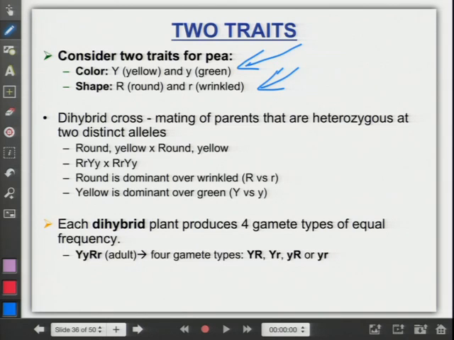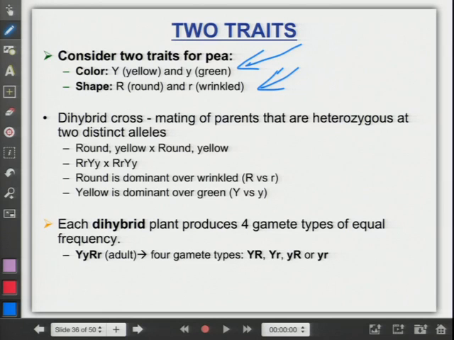Color and shape are two totally different traits. For color, we're using one letter, capital for dominant, lowercase for recessive, just like we did for the one-gene traits. For the other gene, a different letter: big R for the dominant, little r for the recessive. Because we're using two different letters, we know it's two different genes.